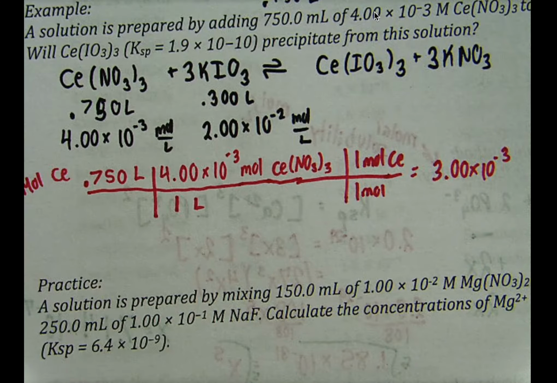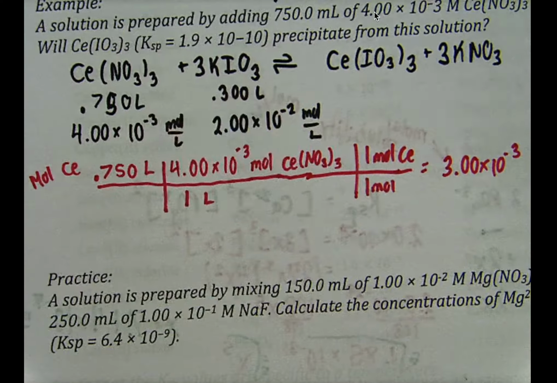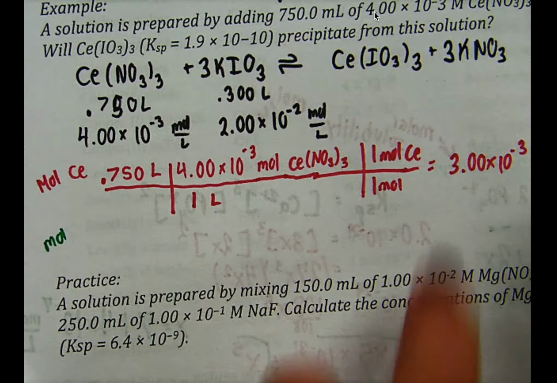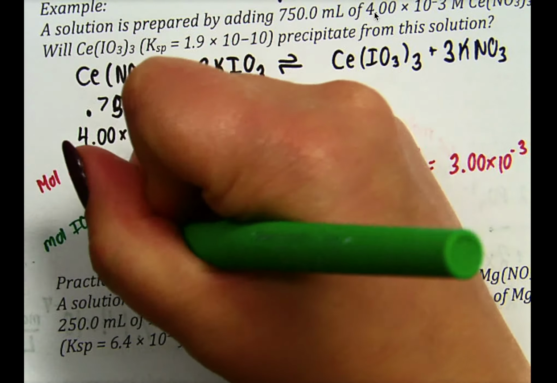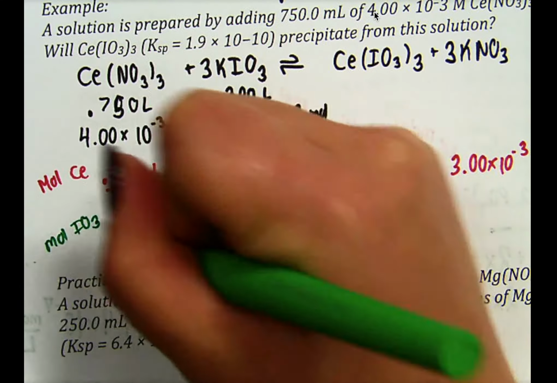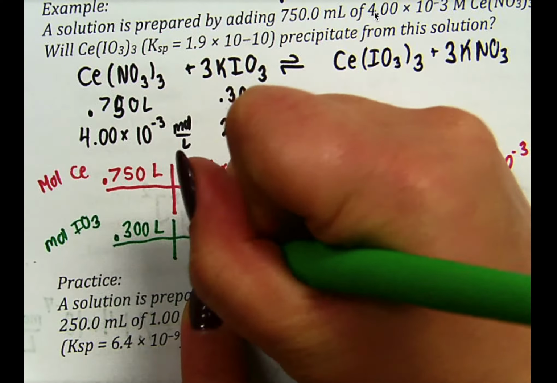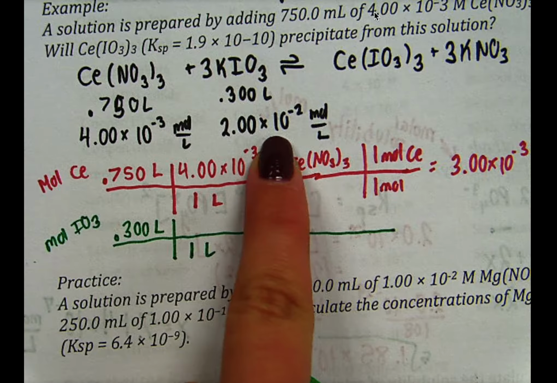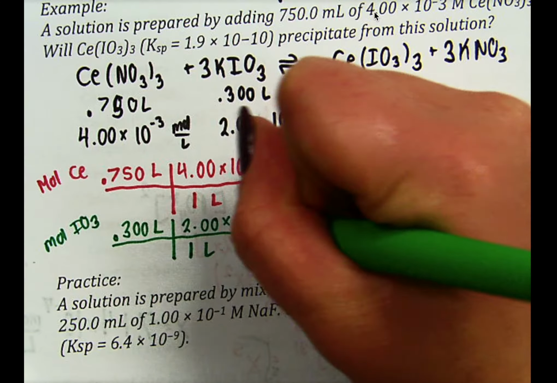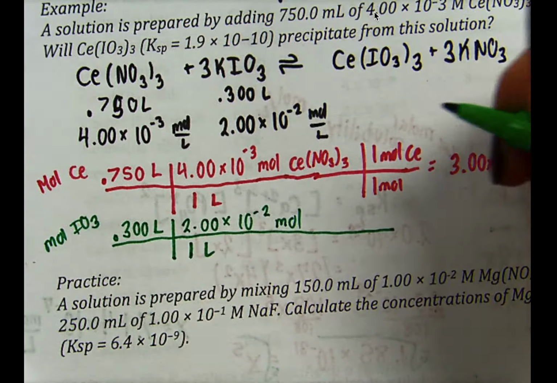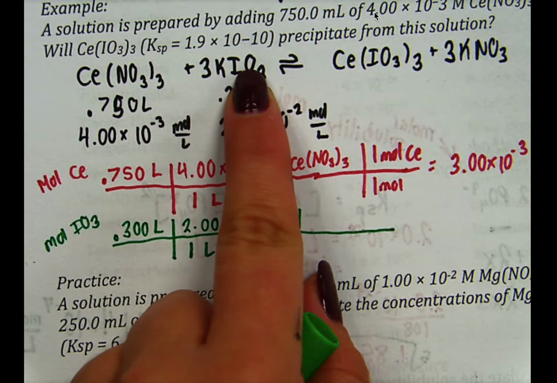Now in green, I'll figure out my moles of iodate, because again, that's what's going toward forming my precipitate. Moles of IO3. Okay, so we have 0.300 liters. For every 1 liter, we know we have 2.00 times 10 to the negative 2 moles. And it's the KIO3 that is our solution, so that's also a 1-to-1 ratio.